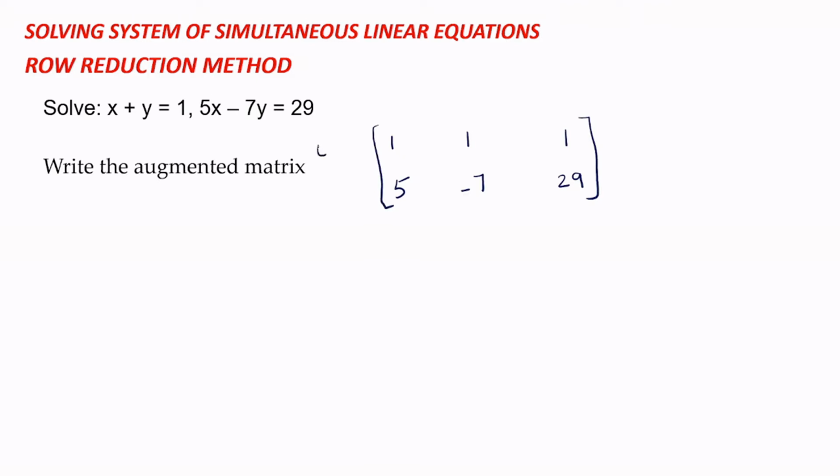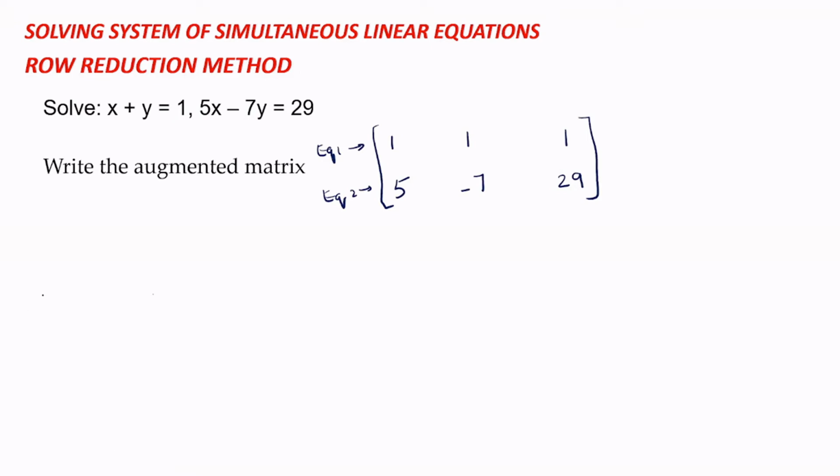So this is equation 1 and this is equation 2. When we have to solve a system of linear equations in two unknowns, if we make this term 0 by performing row operations, then we will be able to find the value of y from this equation and subsequently the value of x.